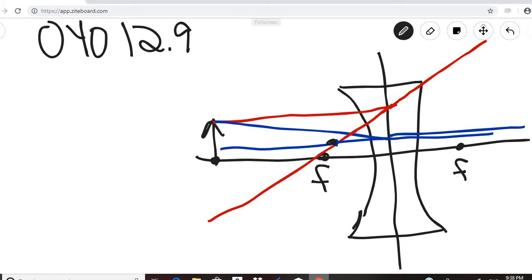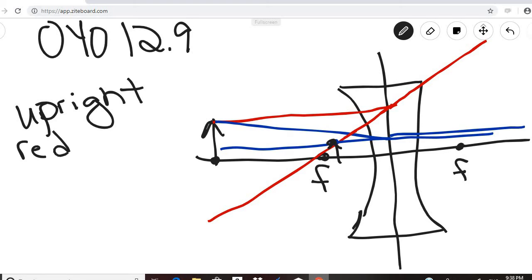This is the bottom, so that's the top, so it'll be like that. So we would say it's upright. It is reduced. And because we had to extrapolate the lines, it is virtual.